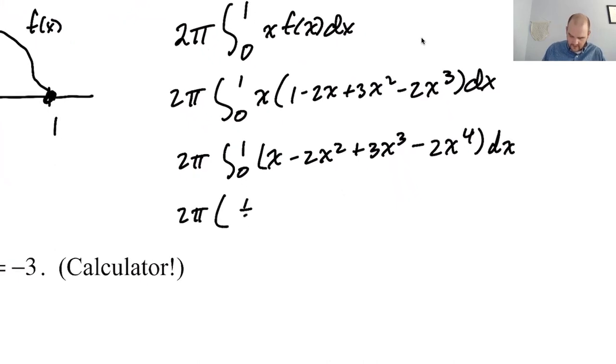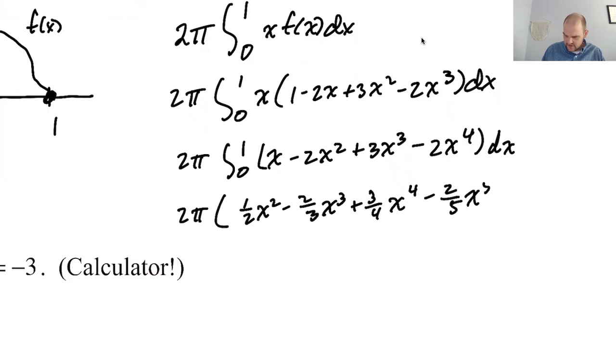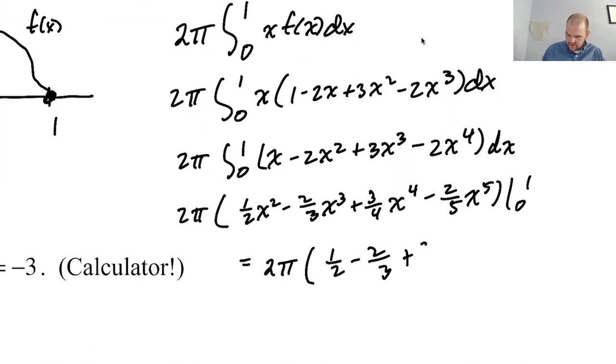All right, integrate: 1/2 x squared minus 2/3 x cubed, and so on. At least we only have to plug in 1, I guess. We have to plug in 1 and 0, but when you plug in 0, it's going to zero out. So this is going to be 2 pi times 1/2 minus 2/3 plus 3/4 minus 2/5.